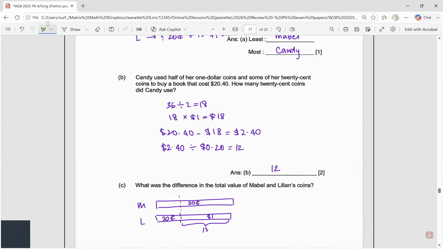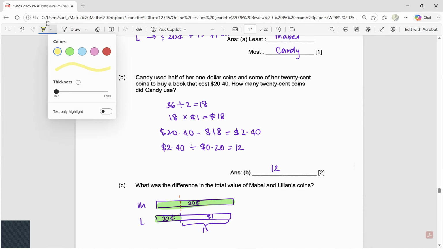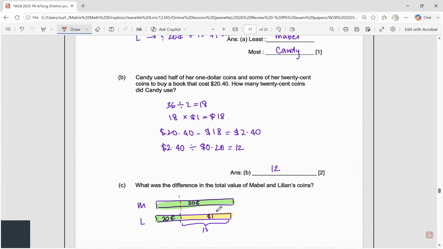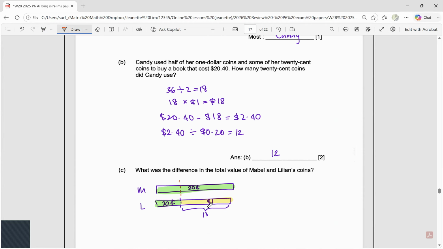Yeah, highlight. 20-cent coins versus $1 coins. So the difference actually comes from this part here, right? 20 cents, no difference, but 20 cents versus $1, there will be a difference in terms of value. And 13 means 13 20-cent coins versus 13 $1 coins.